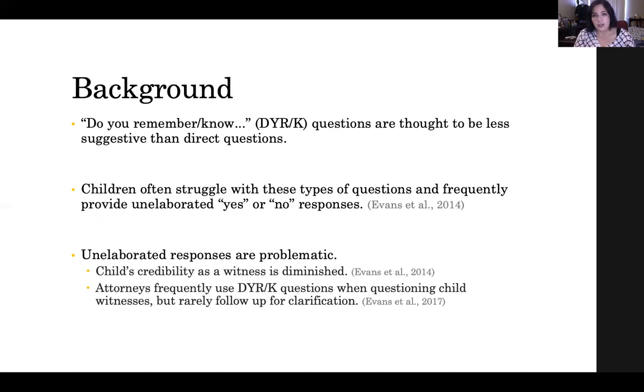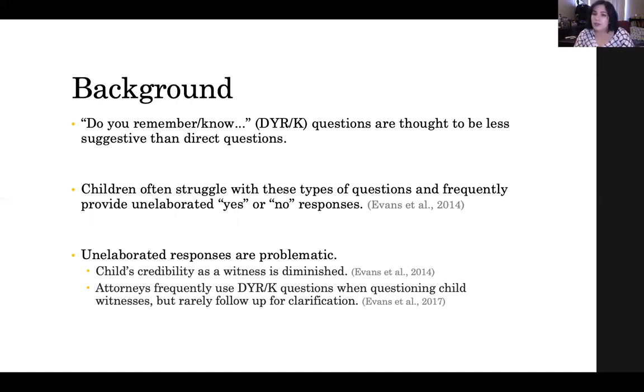So if you ask a child, do you remember what color the getaway car was, and they say yes, and that's it, that comes off as them having that information but not wanting to share it with you for whatever reason. Alternatively, if the question is asking a yes/no question and they give an unelaborated yes or no response, it's really unclear whether they're answering the yes, I remember, or yes, blank, whatever is being asked of them.